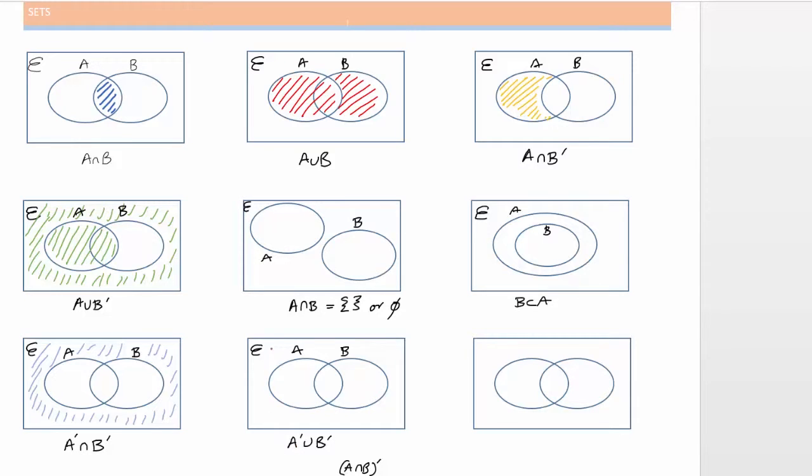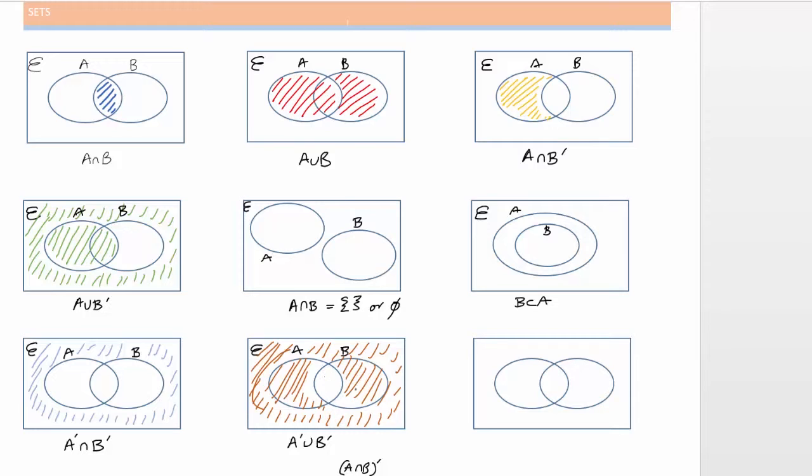So it's not in A, which is all the way around here, and this part, because that's not in A. Not in B is all the way around the outside plus this one, and the union is to put them together.